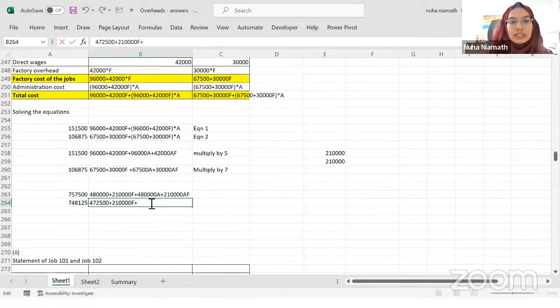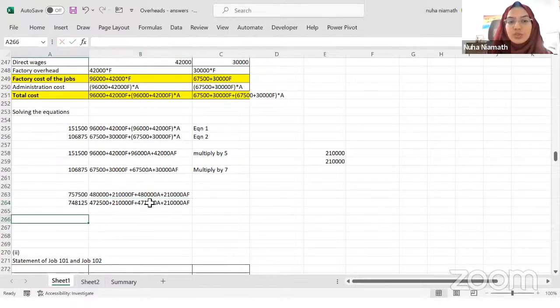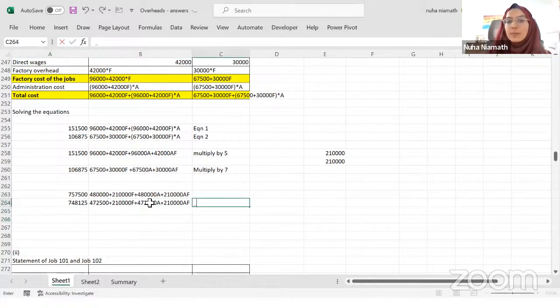Plus 67,500 into 7, which is 4,72,500 A plus 2,10,000 AF. So we have just multiplied the first equation with 5 and the second equation by 7. Has everybody understood this? Does anybody have a confusion from anything here right now?